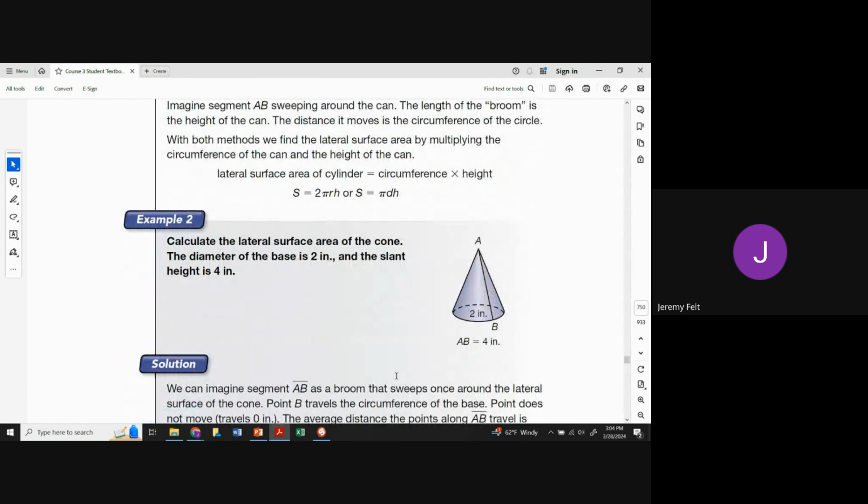Now calculate the lateral surface area of the cone. The diameter of the base is 2, the slant height is 4.